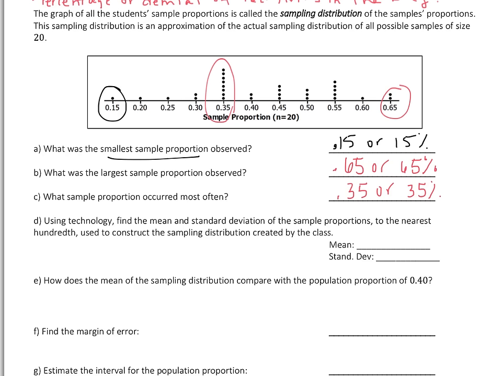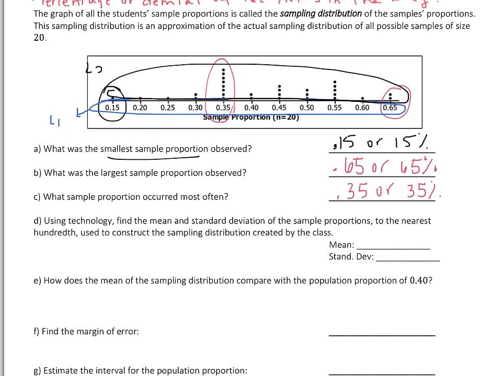Okay, let's move on to part D. It says, using technology, or the calculator, find the mean and the standard deviation of the sample proportions to the nearest hundredth used to construct the sampling distribution created by the class. So basically what we're going to do is take these values down here, and they're going to go into your list 1. And then their corresponding dots, or their frequencies, are going to go in L2.